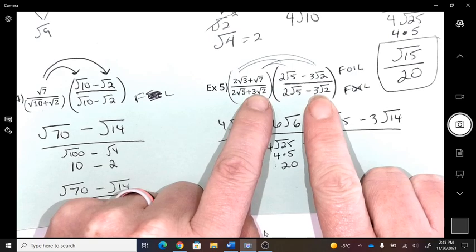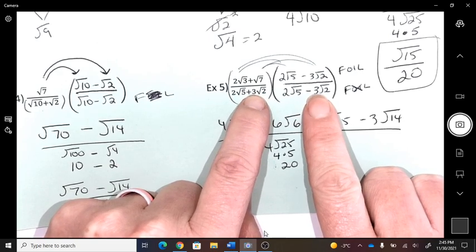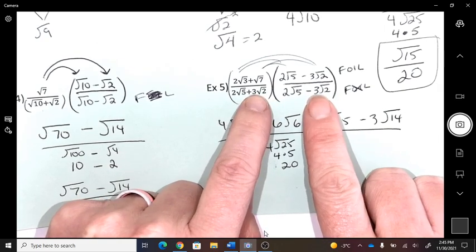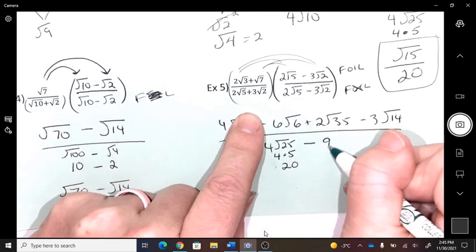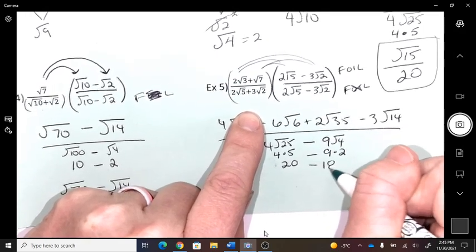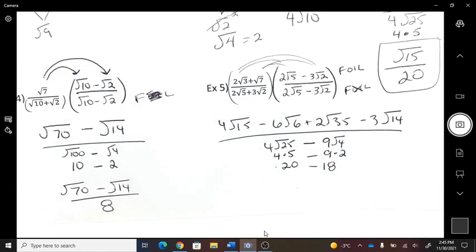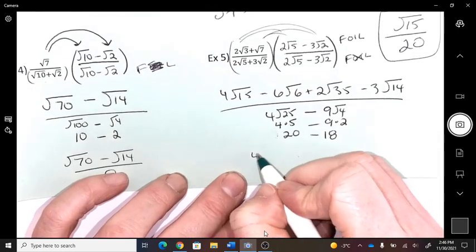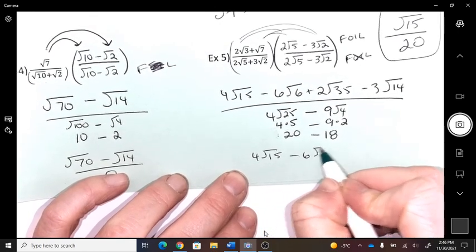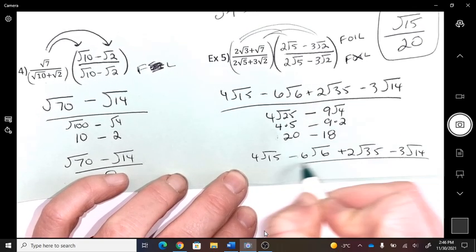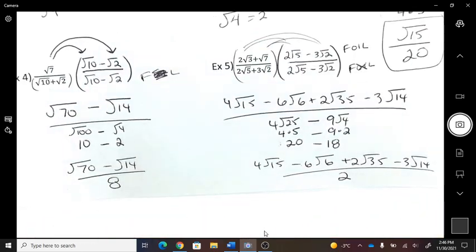So the last times the last makes 9 root 4, which is a 9 and a 2, which is 18. So what is the actual number I would end up with on the bottom? 2. And the goal was to make sure we end up with no radicals on the bottom.